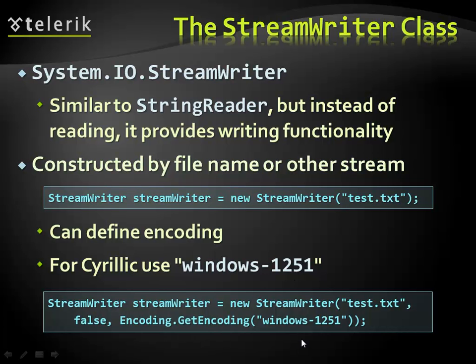You can also use encoding. This false here, if I'm not mistaken, tells whether we need to open the file and append data to it. So if the file already exists, whether we need to keep writing to it and not destroy the old information, not replace the information in the file. So this little argument here.